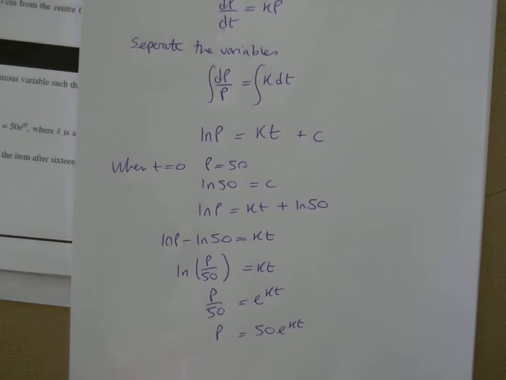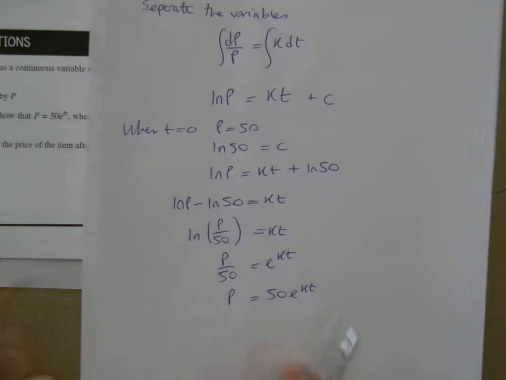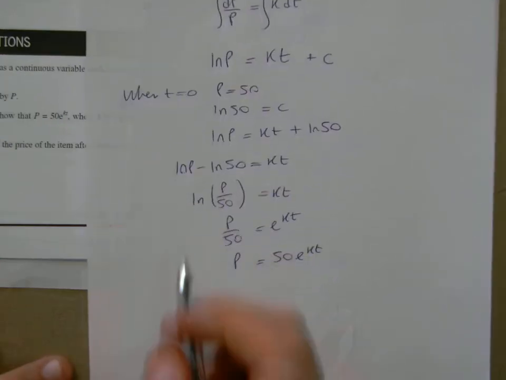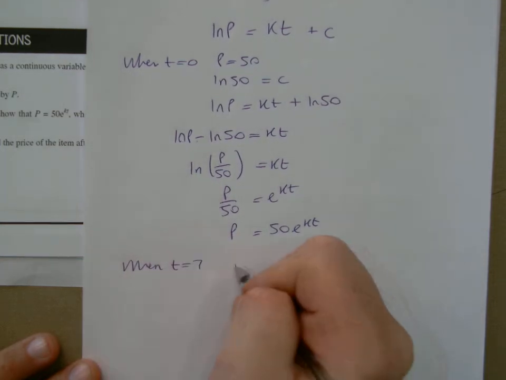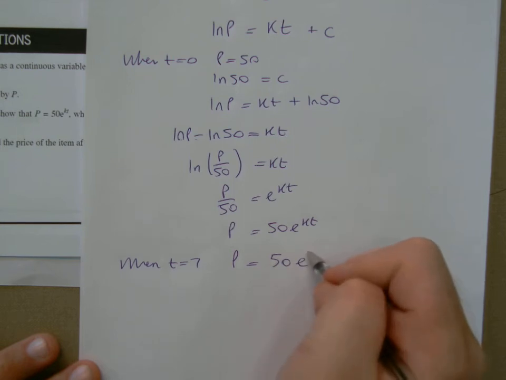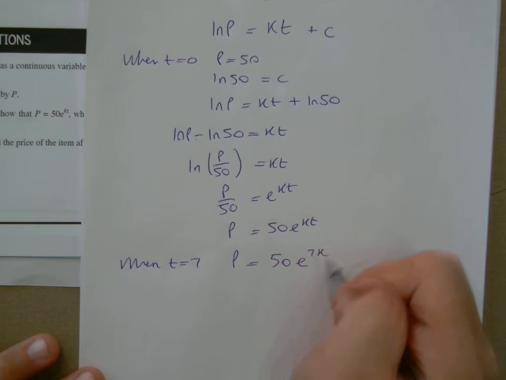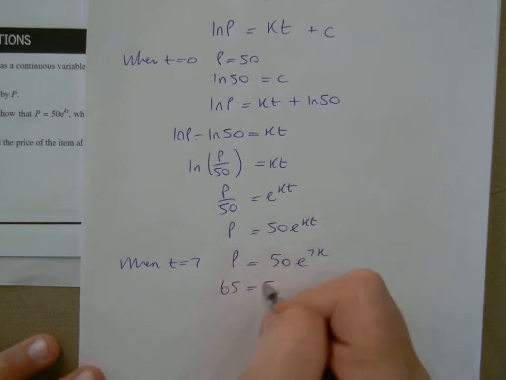So then it says part C, after 7 years the price is £65. Find the price of the item after 16 years. So what you can do then is when t equals 7, the price will be 50 e to the 7k, that's what t is, but we know the price will be £65, so we can have that there.